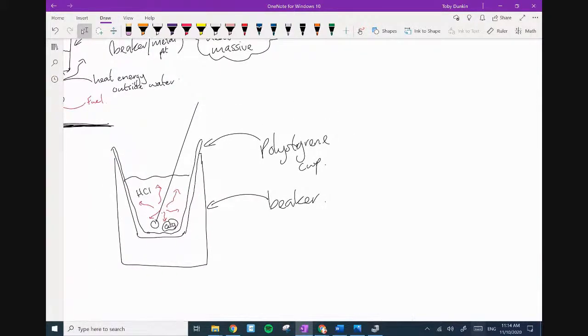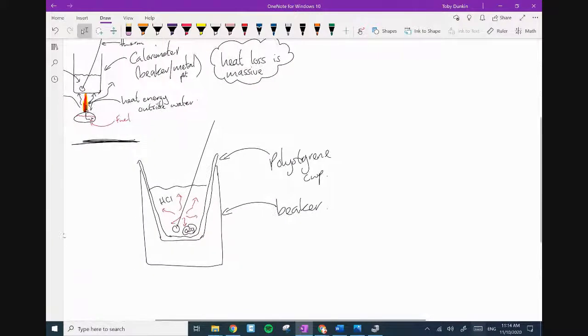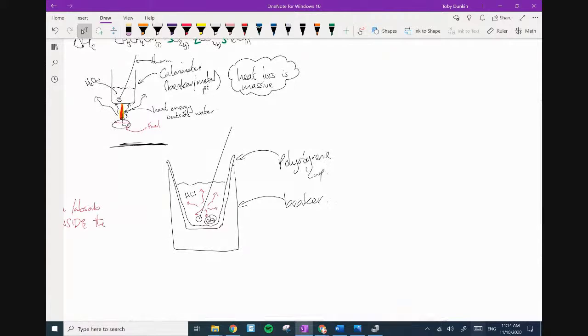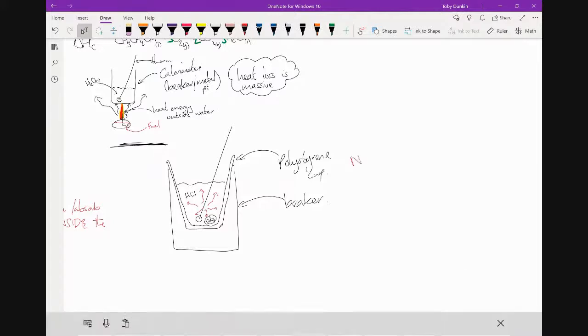By the way, there's actually a further kicker with this because we can use a graph here, and I'll do this in a later lesson. We can use a graph to actually take into account heat loss. That's a nota bene, see later notes. I'm going to do the nota bene in red.